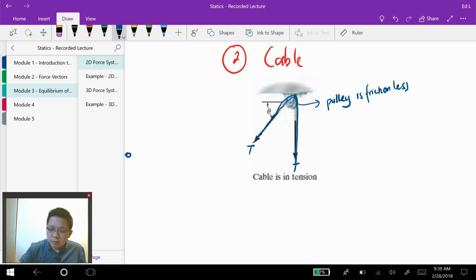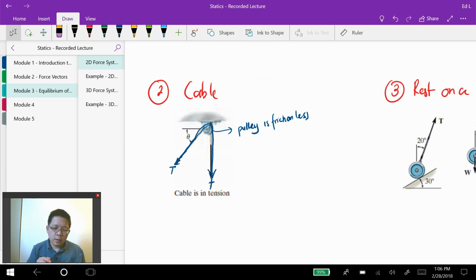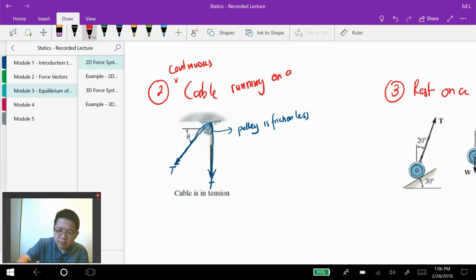So if the force in here is T, then the force in here is also T, right? I think it's better to call this a continuous cable running on a frictionless pulley, such that it's in line with what we already discussed.